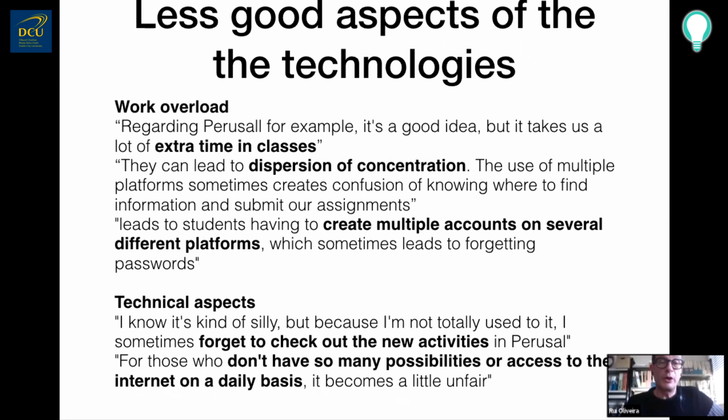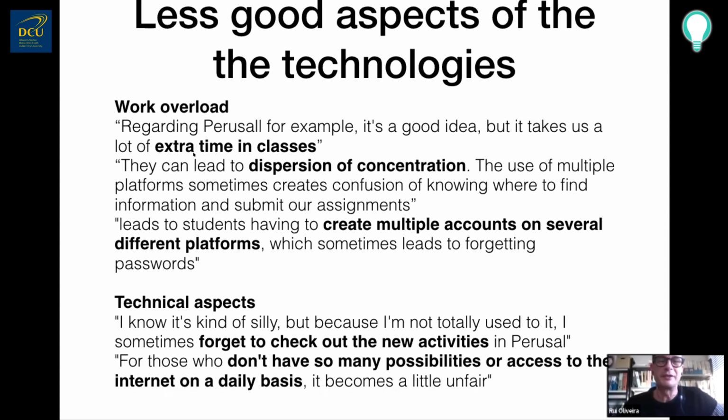One of the questions, which was an open answer question, regarded the less good aspects of technologies. They complained about, of course, work overload. They complained always about this, but of course they're right.